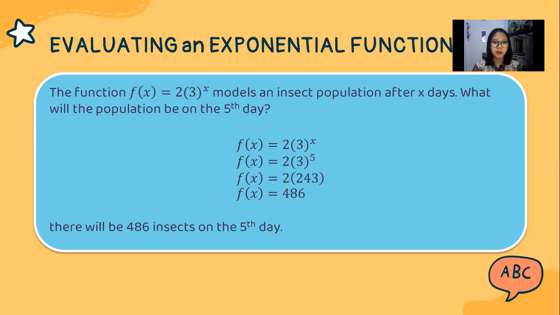So what will the population be on the 5th day? First, we write the function, and then we substitute 5 for x, and then we multiply it, and there will be 486 insects on the 5th day.